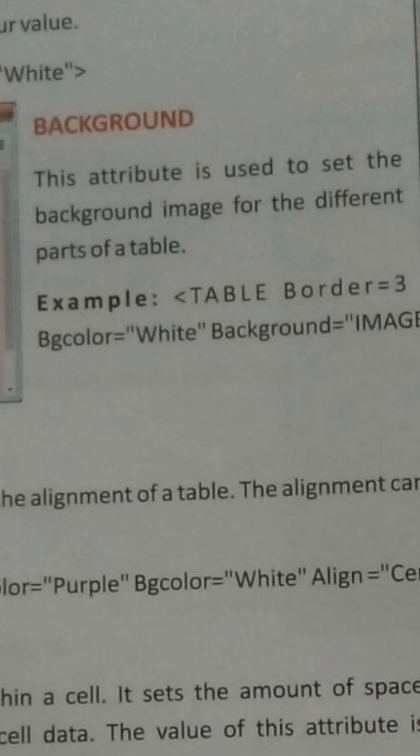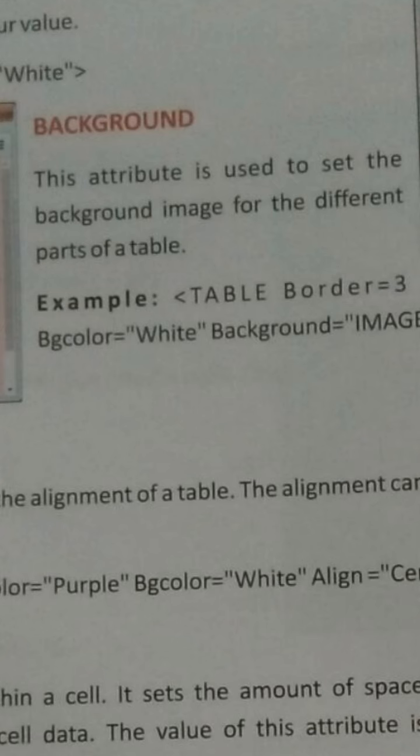And one more thing, dear students, do you remember that I told you about the background attribute of the body tag? The background attribute of the body tag is used to give the background of the web page. It means if you want to put an image at the background of the web page, you can use the background attribute for defining the image.